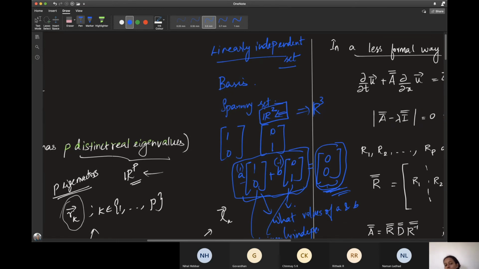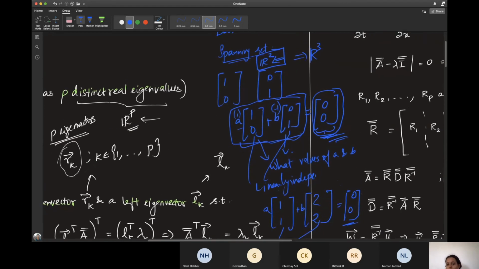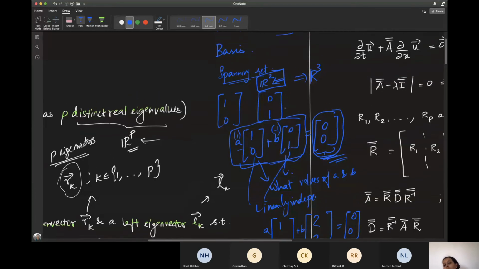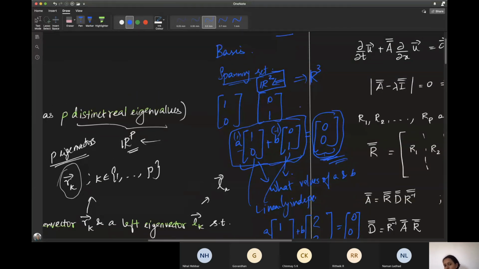Now, a spanning set is something where, using just those two vectors, I told you initially that just with (1, 0) and (0, 1), it is possible to get all vectors in R2, as any linear combination of A and B. Forget about the equal to 0 thing.